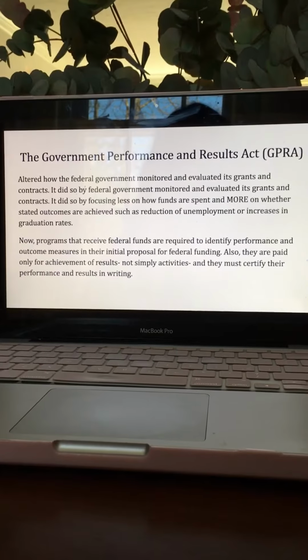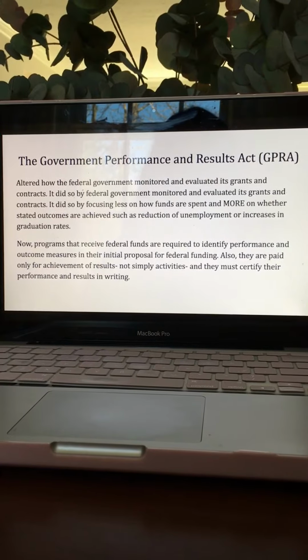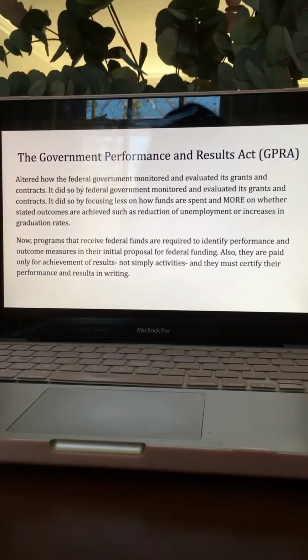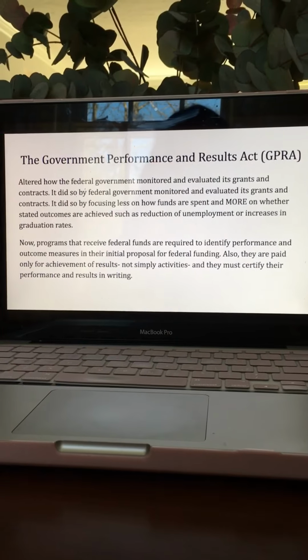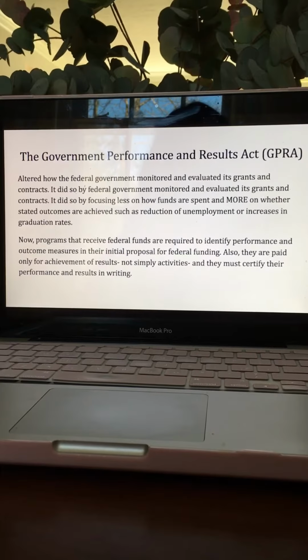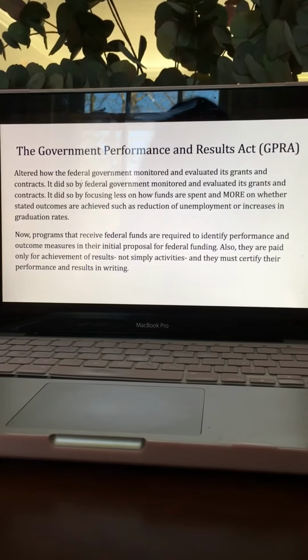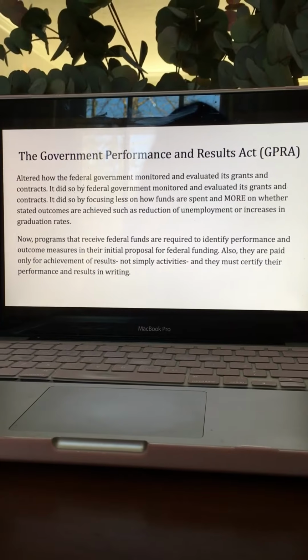Now, programs that receive federal funds are required to identify performance and outcome measures in their initial proposal for federal funding. The book also stated they are paid only for achievement of results, not simply activities that are put into place, and they must certify their performance and results in writing.